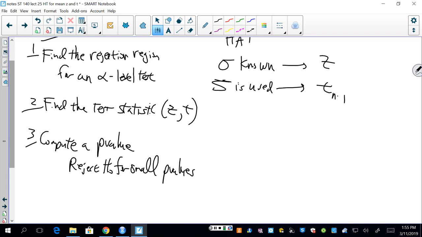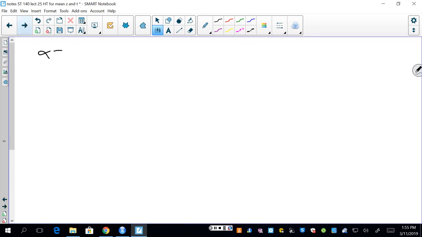So just one kind of side, what is alpha? What is this alpha thing, this significance level? So it's like 5%, 1%, or something like that, right? So alpha is going to be what's called the probability of a type 1 error. That's what it's called in the hypothesis testing world.